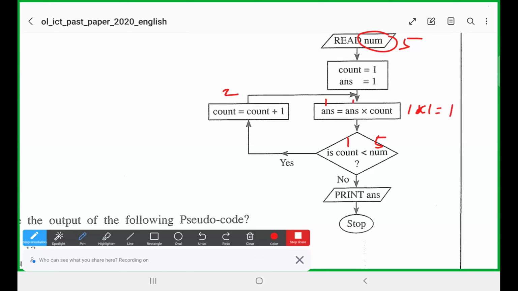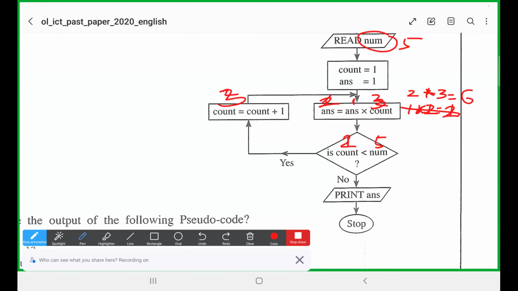Now answer is 1, count is 2. 1 into 2, now it's 2. This becomes 2. Now count, what is the value? 2. 2 less than 5? Yes. Again you go. Then count becomes 3. And now what happened? 2 into 3 is 6.